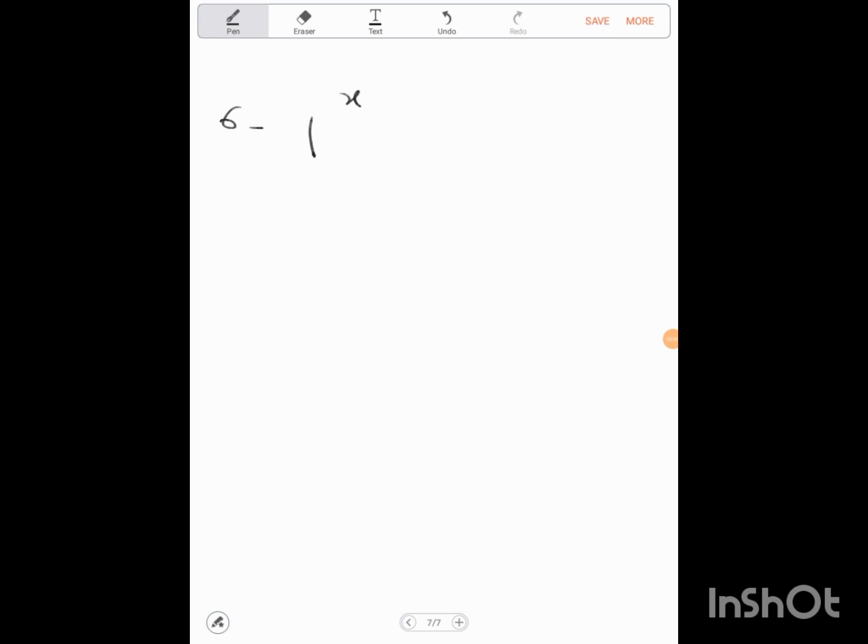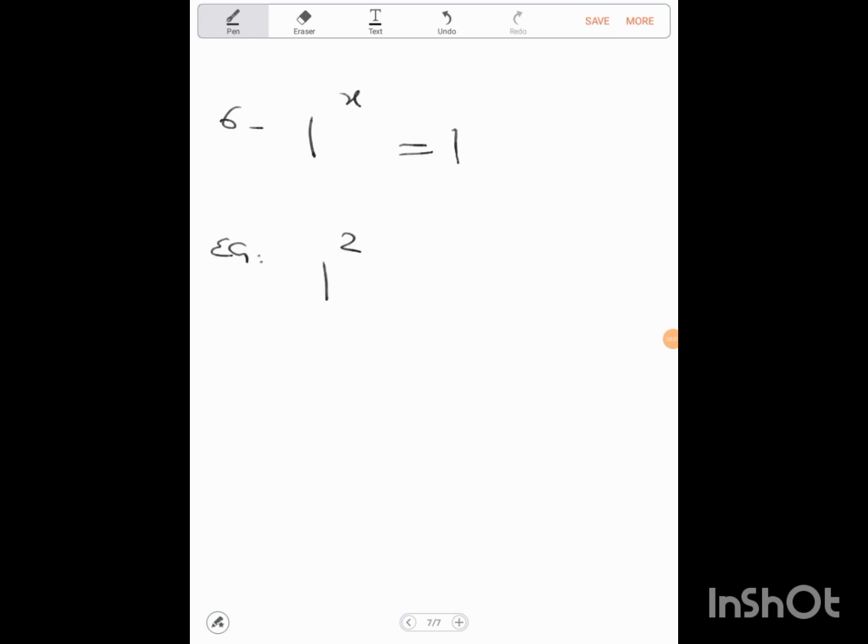Okay, rule number 6 is, for instance, if you have a base that is 1, and you have a power that is in terms of x, so whatever number you replace in x, your answer is going to be 1. For instance, let's do it with an example.